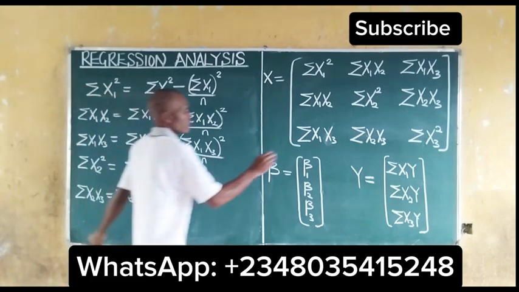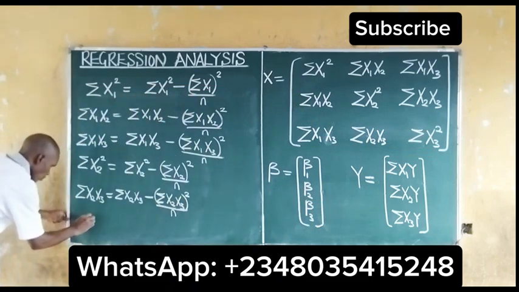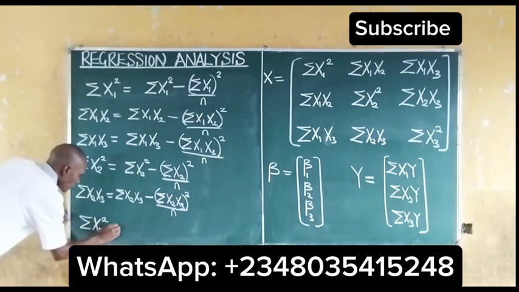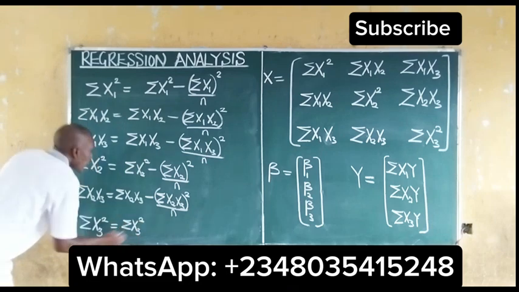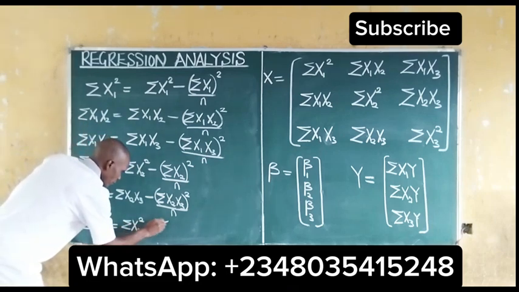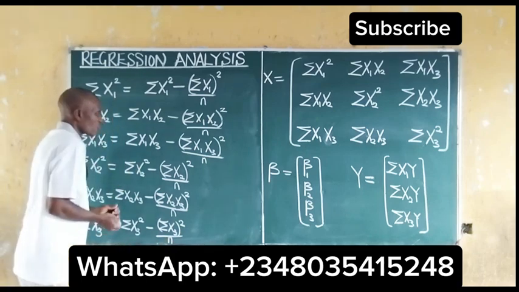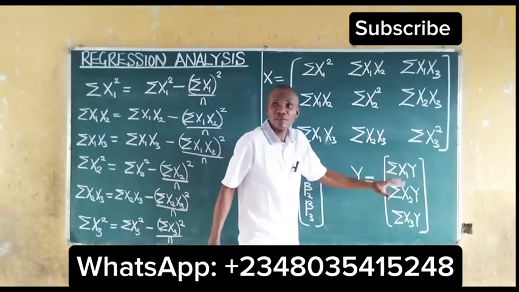And lastly, we have summation of x3 squared, which gives us summation of x3 squared minus summation of x3 all squared all over n.